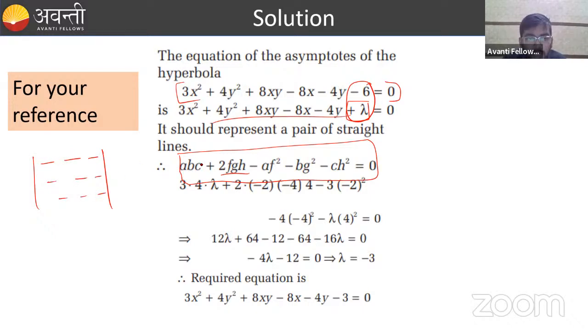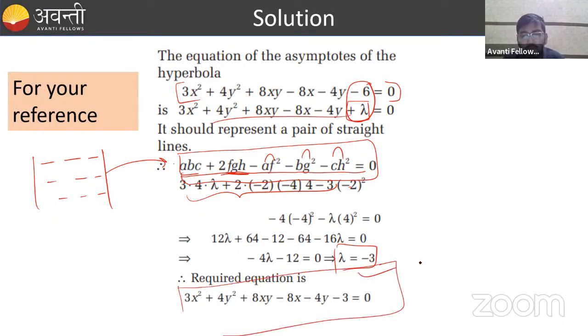Ultimately this turns out to be this. I prefer to remember it like this since it has a cyclic pattern: abc, fgh, af, bg, ch. So we put in the values, we get the value of lambda. Lambda comes out to be minus 3. So therefore the equation of the asymptotes will be this.